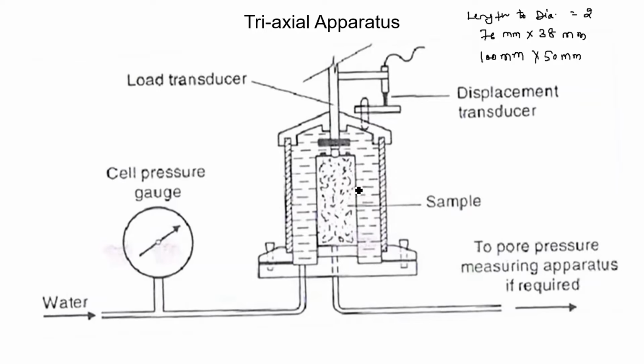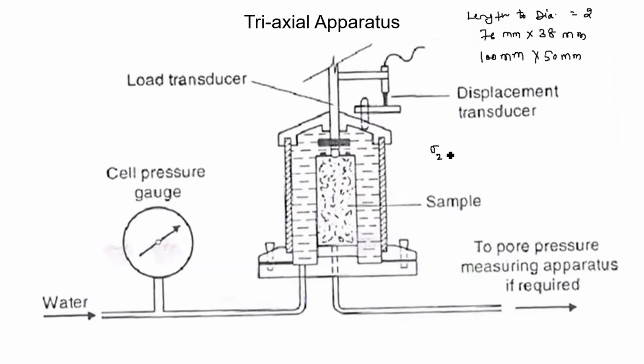Then after applying the confining pressure, this soil sample is given an additional axial stress. The load or the extra axial stress is observed with the help of a proving ring or load transducer. So, you can say that this soil sample is exerted by 3 major principal stresses.